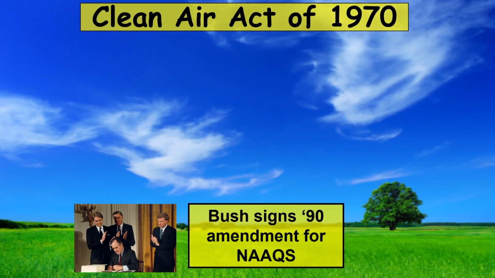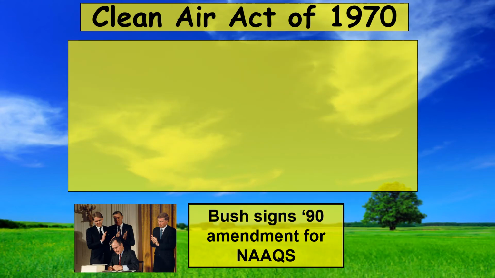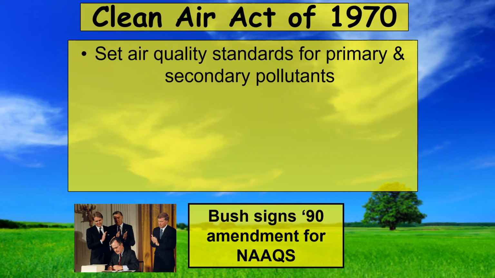In 1970, the US government decided to pass what was called the Clean Air Act. The reason for that was because there were a lot of pollutants accumulating in our atmosphere, and the government felt that it was time to actually clean up the air. So it did set air quality standards for primary and secondary air pollutants. Remember, primary pollutants are the ones that are emitted out of a tailpipe directly into the atmosphere.